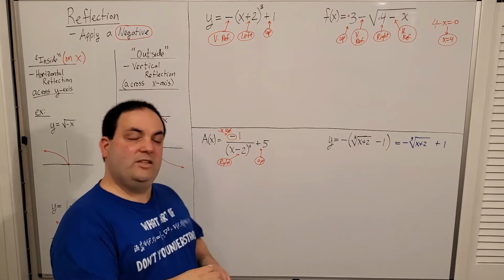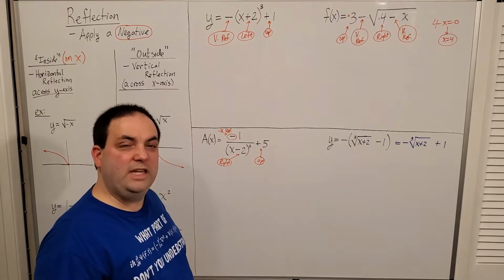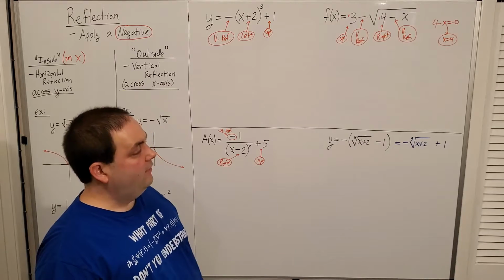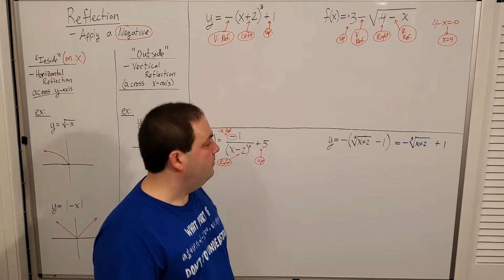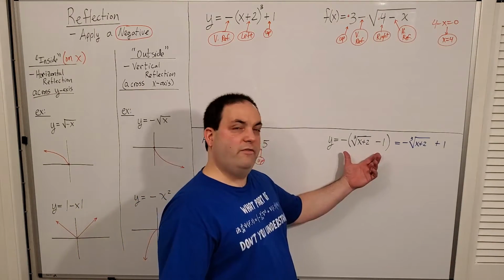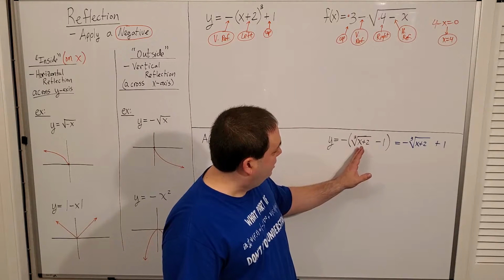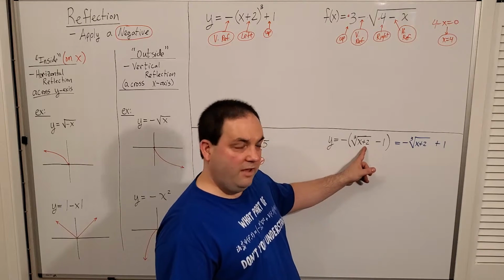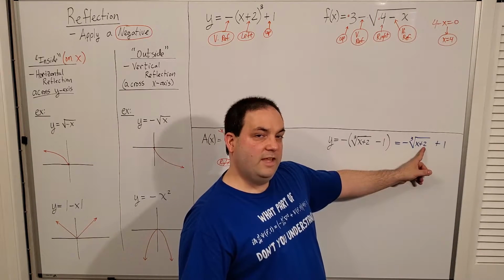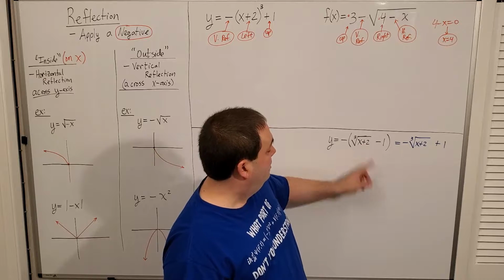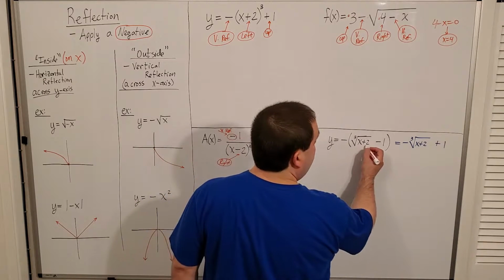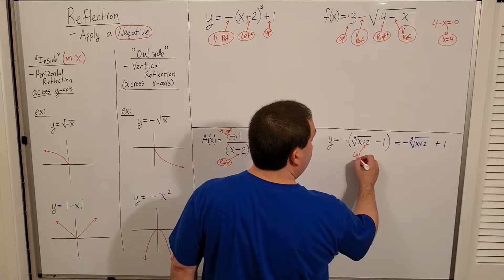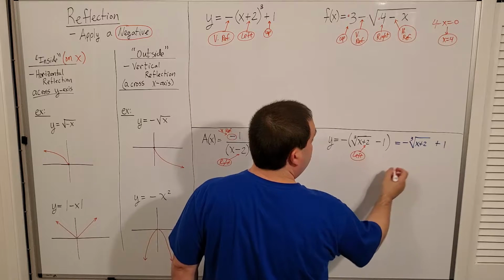And that's probably the easier way to approach this one since it was such an easy distributive property and didn't really have to do a lot of simplifying, okay? But let's look at it from this standpoint for a second. If I have a function like the cube root here, the plus 2 on the inside is going to be a shift left. That's still a shift left. That doesn't change, okay? So no matter what, the plus 2 here is going to shift me to the left, right? Either way.